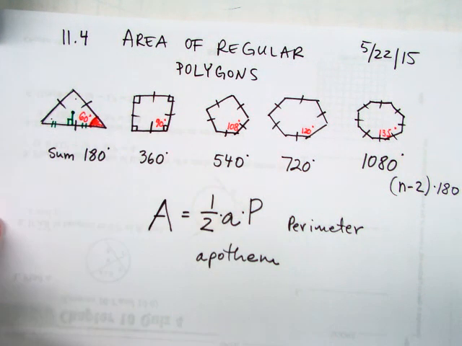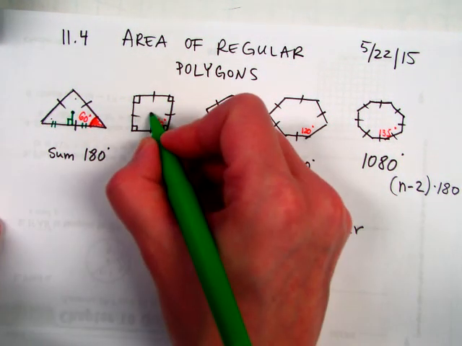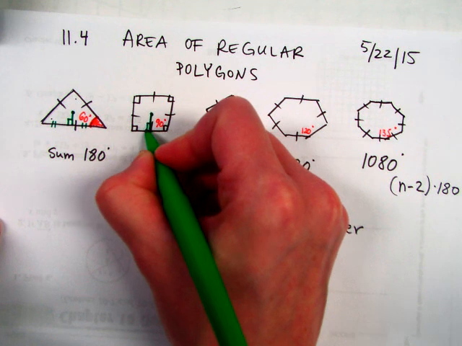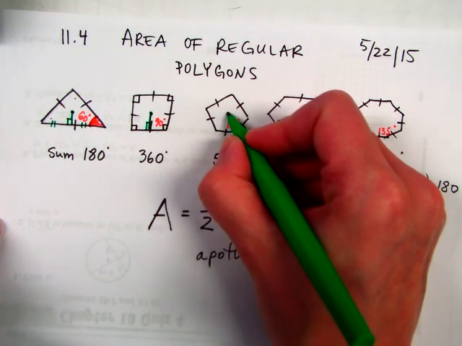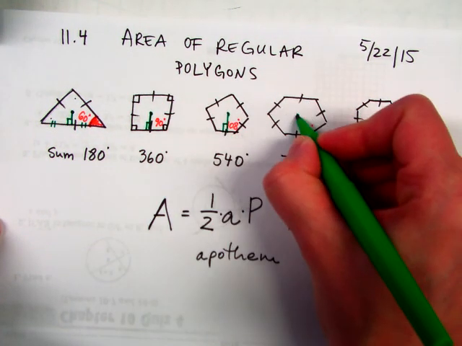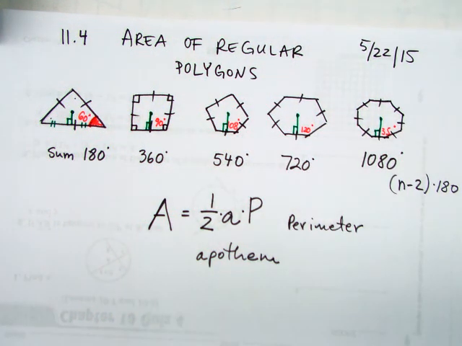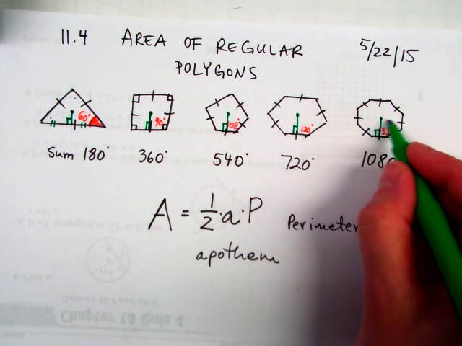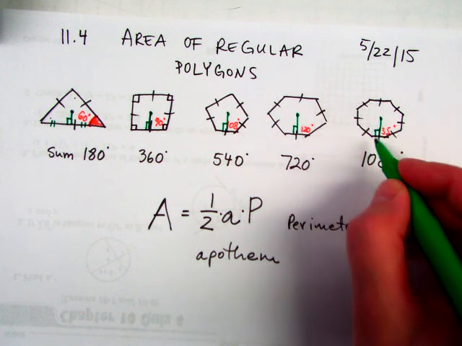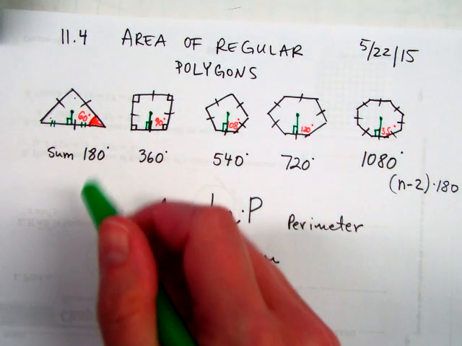There's one for the square, from the center, perpendicular to the side. Same thing for a pentagon, hexagon, and octagon. Of course, they could be drawn to any of the sides as long as they're perpendicular, but I'm just used to doing them to the bottom.